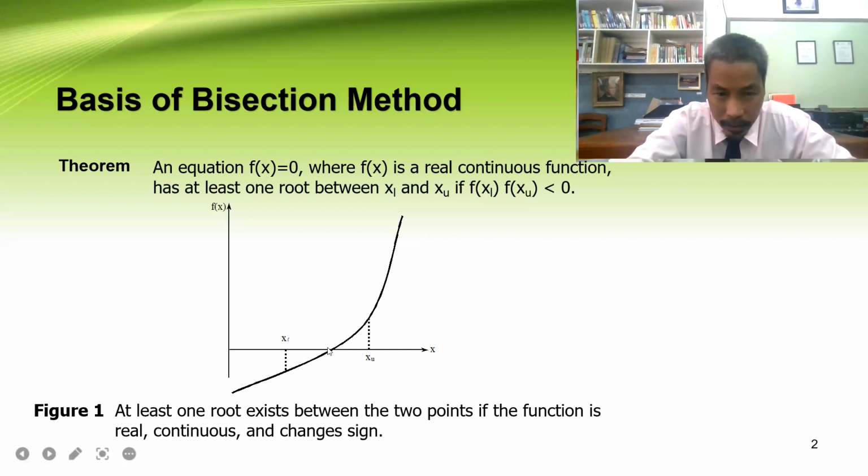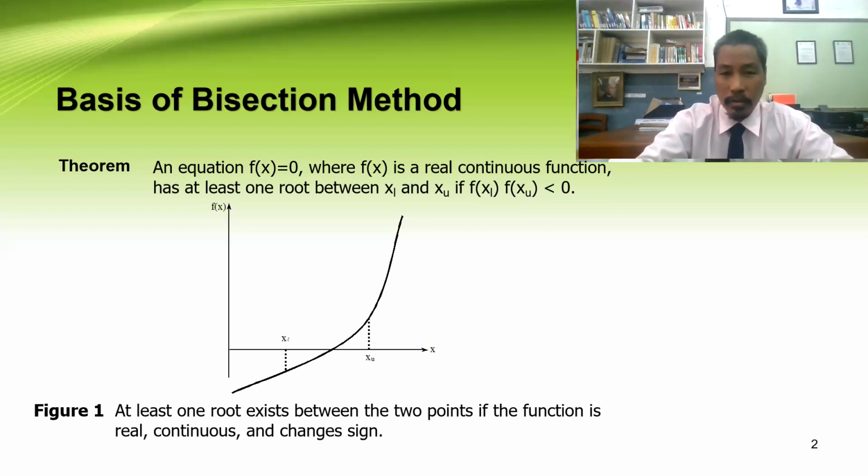In the figure, the intersection of the curve f(x) with the x-axis is what we call the root of the function. As you can see, there is one intersection, and therefore one root, so the theorem is satisfied.